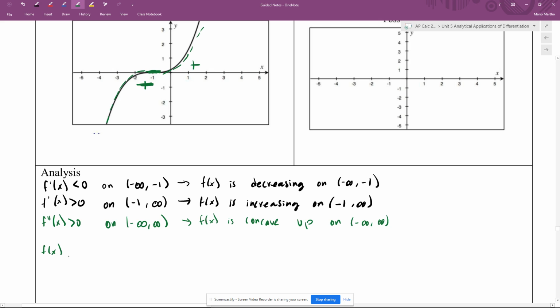So that means that at x equals -1, f of x has a relative minimum. And then here, there is no place where f double prime is equal to 0. So we're going to say that f of x has no points of inflection.